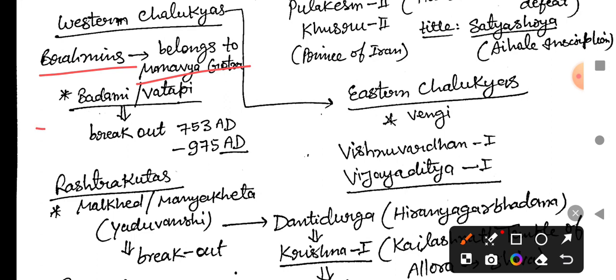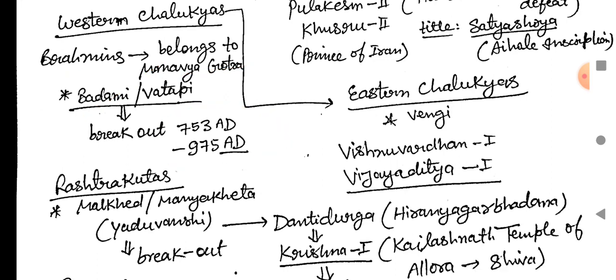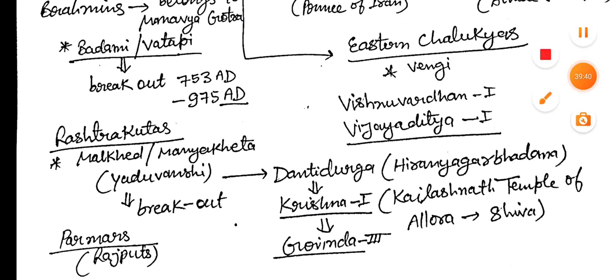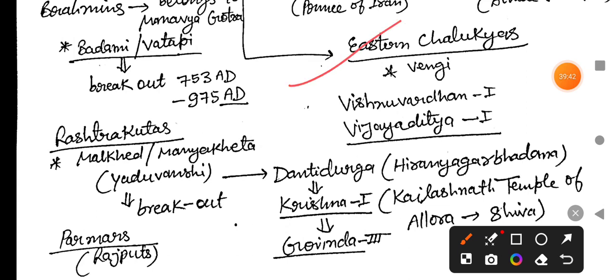Their capital was Badami or Vatapi, and after their breakout in 753 AD to 975 AD, came the Eastern Chalukyas of Vengi. Vengi was the capital of the Eastern Chalukyas, and the most important kings were Vishnuvardhana I and Vijayaditya I.